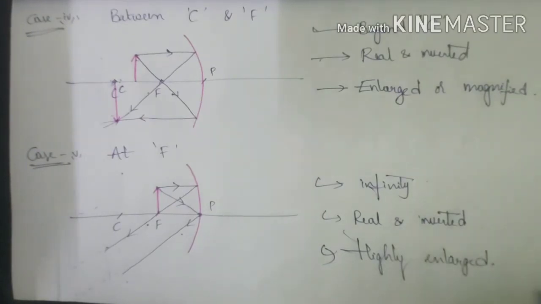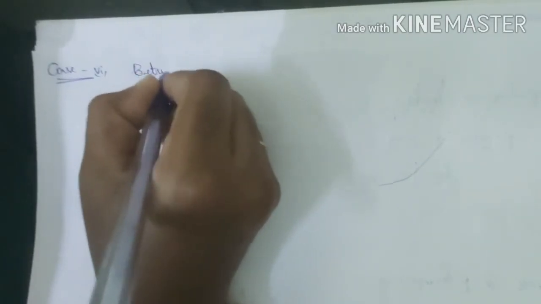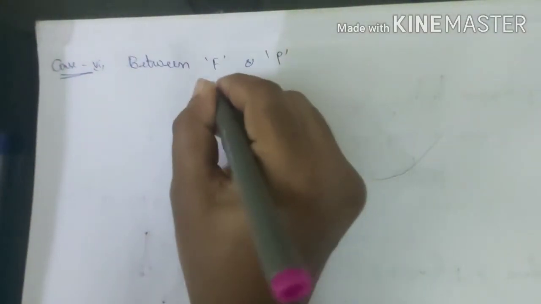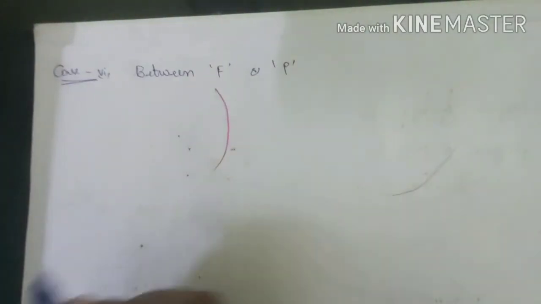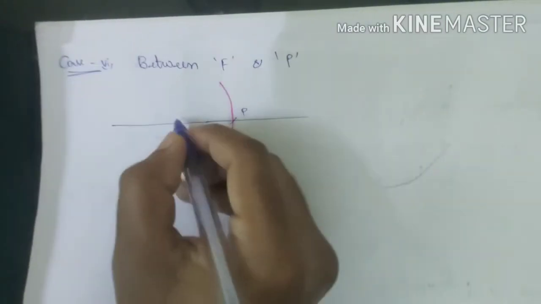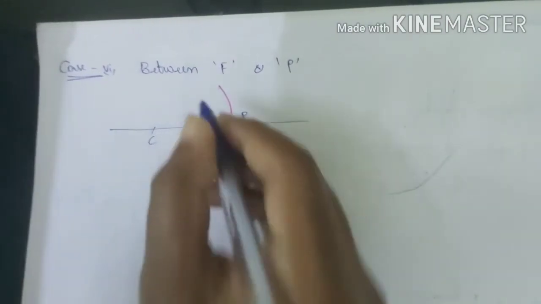Okay. So we have seen 5 cases, and the last case is quite different from the rest of the 5. Let's see this. Case 6, between F and P. Now here, concave, principal axis, pole, focus, center of curvature.